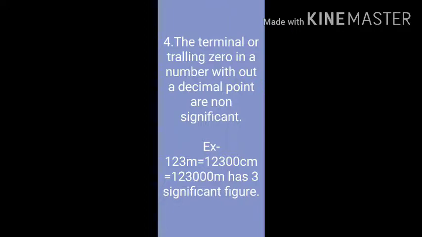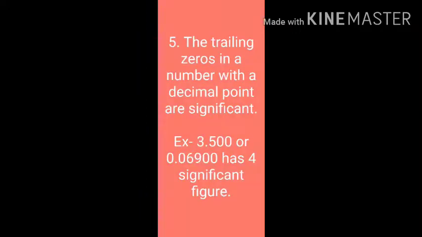So we can conclude that if we convert some unit of amplitude, then the trailing zeros are non-significant. Number 5, the trailing zeros in a number with a decimal point are significant. If there is a decimal number and this includes some zeros, then the zeros have to be counted in significant figures. Look at the example. 3.500 or 0.6900 both have 4 significant figures according to rule 5.